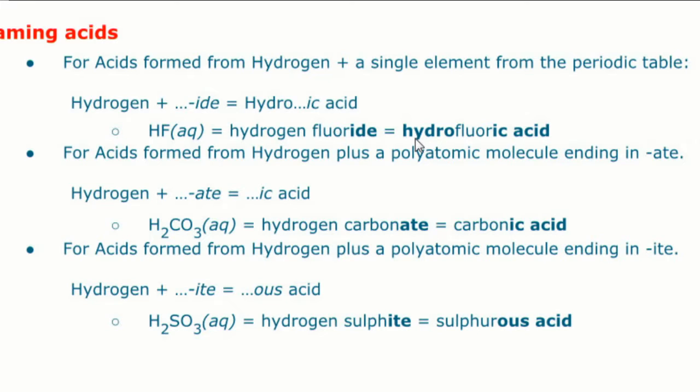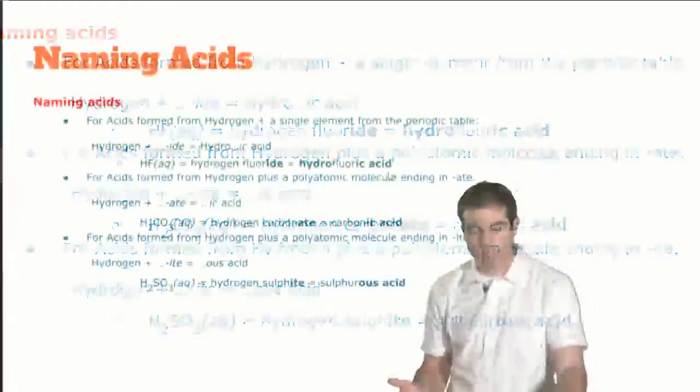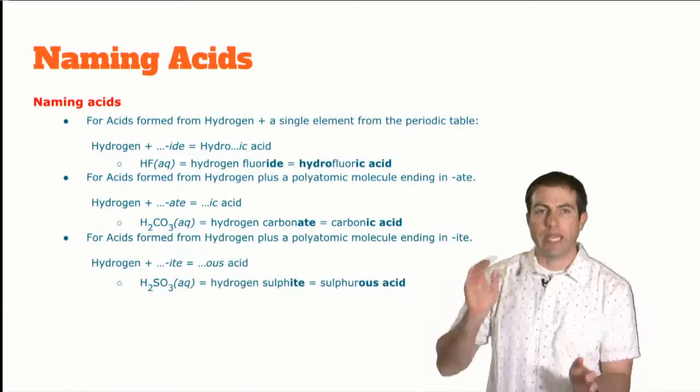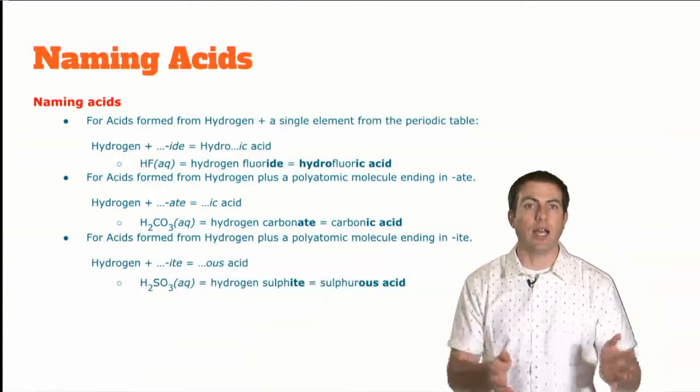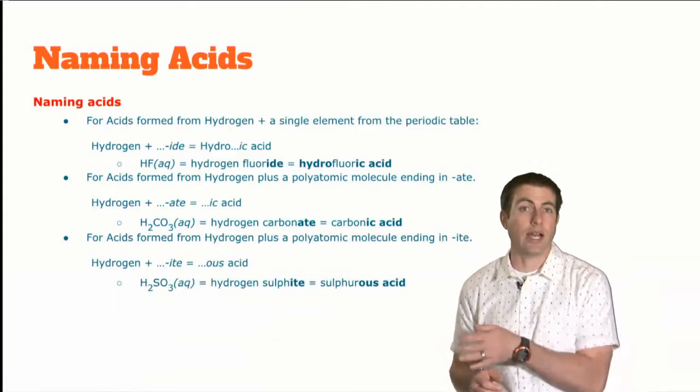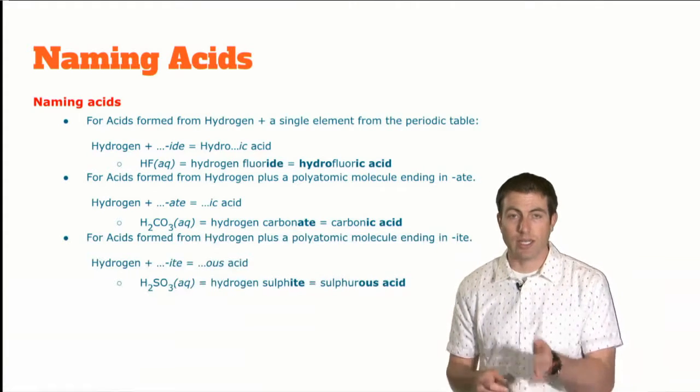So we put the word hydro in front of it, and then fluoride changes to fluoric and acid. Anytime you have an acid that is just an H and just a nonmetal, HF, HCl, HI, that's going to be hydrofluoric acid, hydrochloric acid, hydroiodic acid.